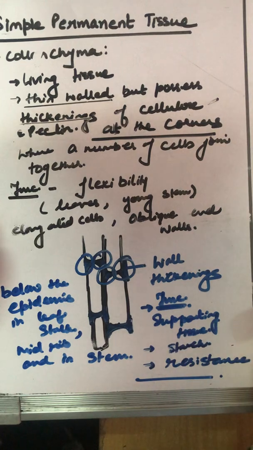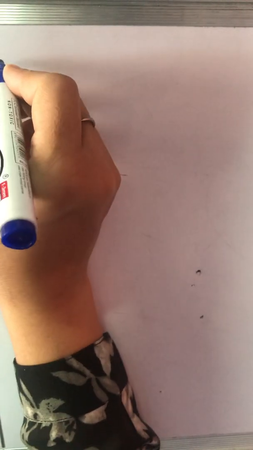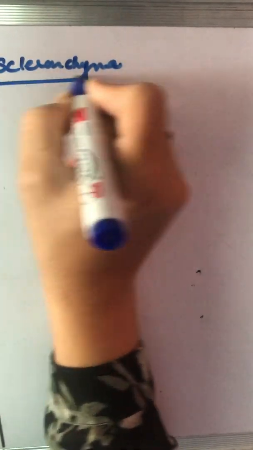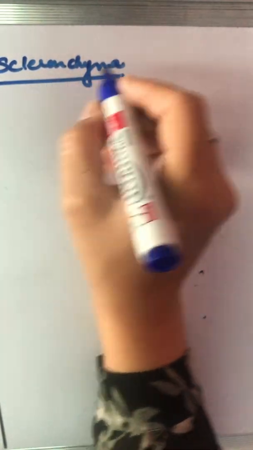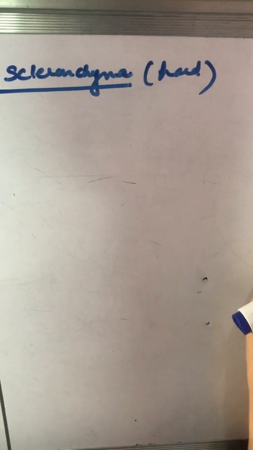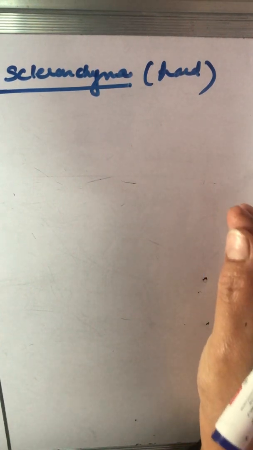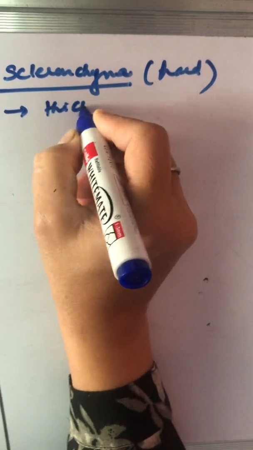Now moving to Sclerenchyma. Sclerenchyma is basically a name given to something which is hard. ठीक है, Sclerenchyma का मतलब ही hard होता है. The Greek word sclerus means hard. It consists of thick-walled dead cells.